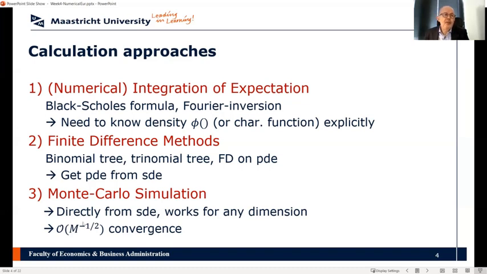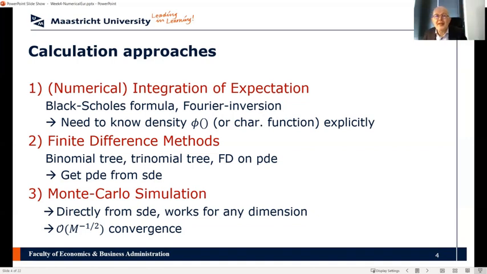And the third group of numerical methods is known as Monte Carlo simulation. And this is kind of the most direct way to implement this, because you directly start from the stochastic differential equation of the process. Then you draw random paths from that stochastic differential equation directly. And then at the end of every path, you say, I now have a realized value of my random variable.